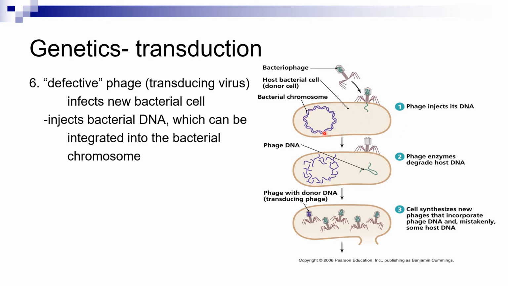Along with this genetic material, frequently there's at least one or two proteins that go with the genome that are in the head. And one of those is going to start by breaking up the host DNA.